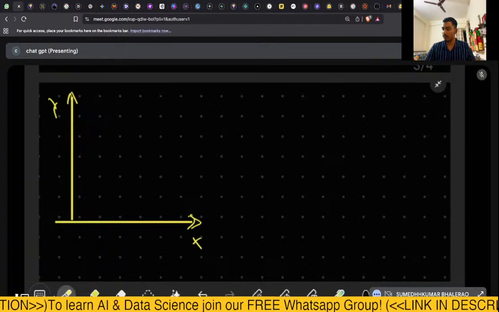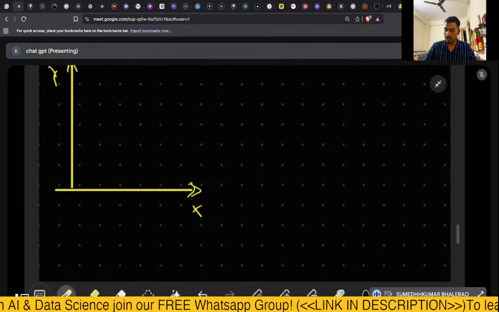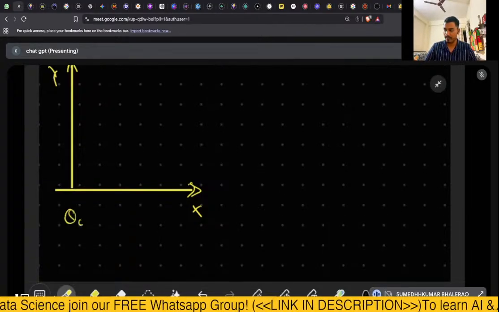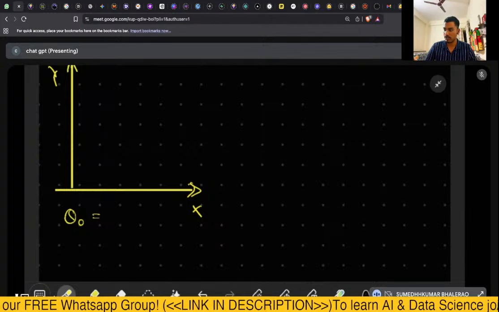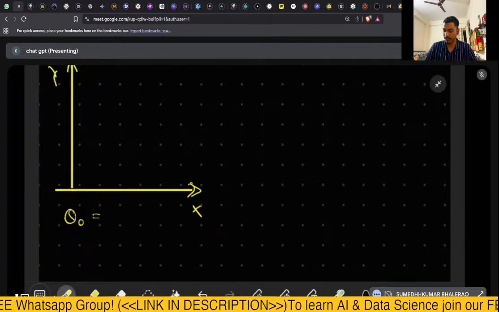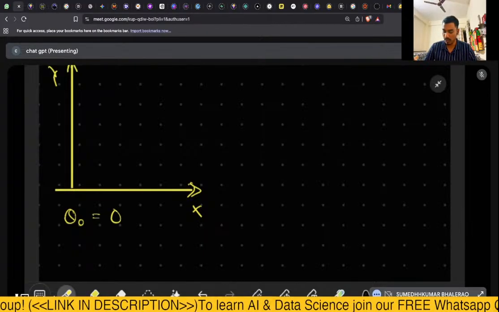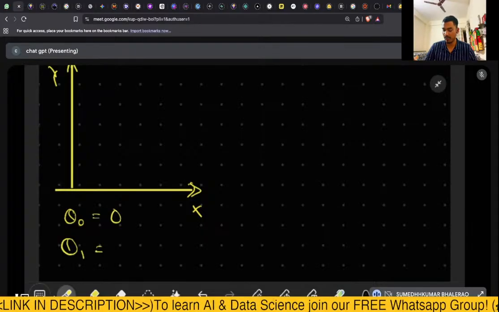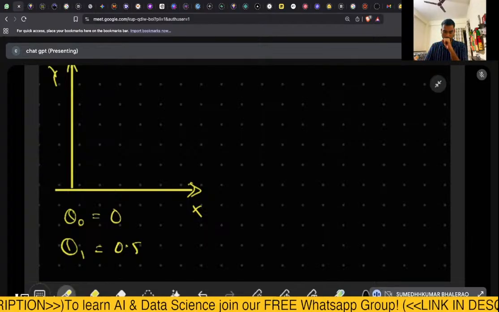Now, for example, if I consider theta 0 as 0 and theta 1 as 0.5. Initially we go with a random value.